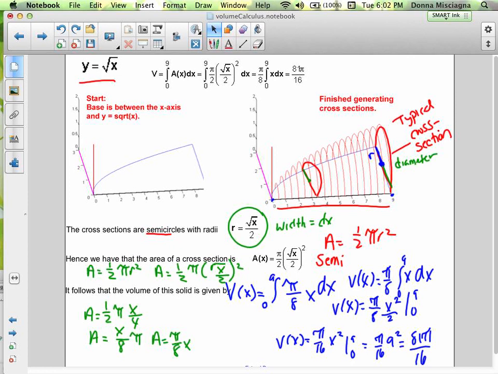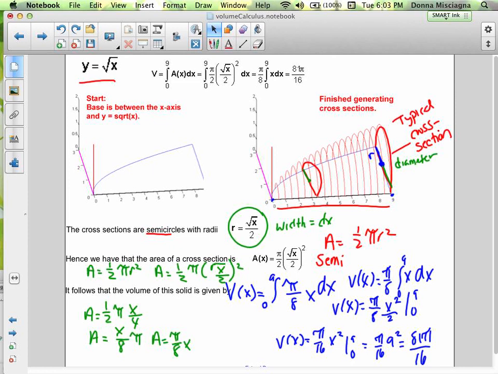So it follows that the volume of the solid is given by, so now all we have to do is integrate. So now I just simplified it down here. So I replaced r with the square root of x divided by 2, and I just simplified that out. If we square it, that becomes x over 4.